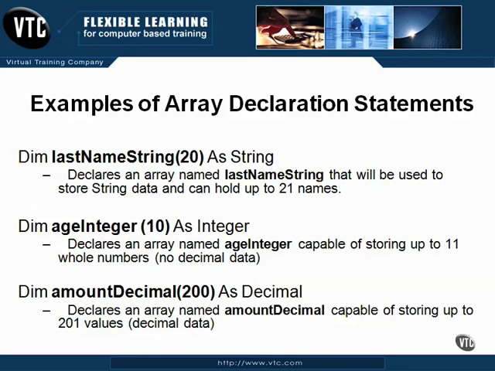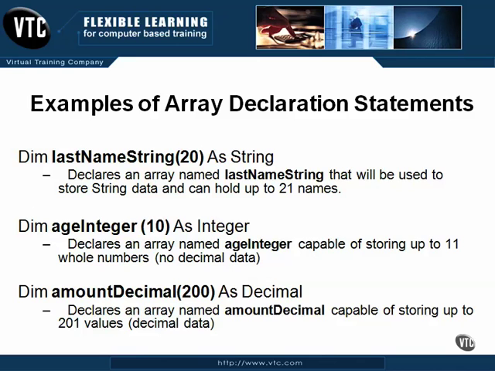Again, 0 to 10 is where the 11 elements are stored. And the third and final example is an array called amountDecimal, 200 being the highest subscript with a data type of Decimal, which will declare an array named amountDecimal, which is capable of storing up to 201 values of data which could indeed contain decimals.